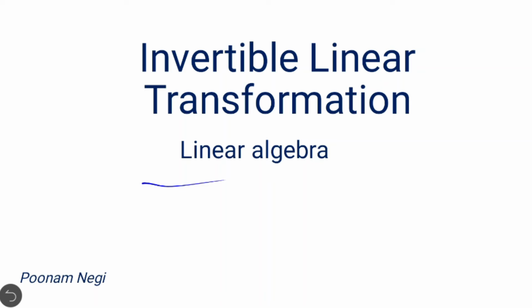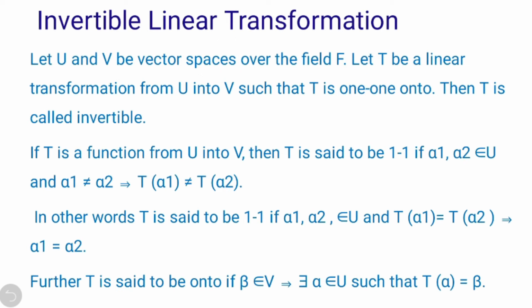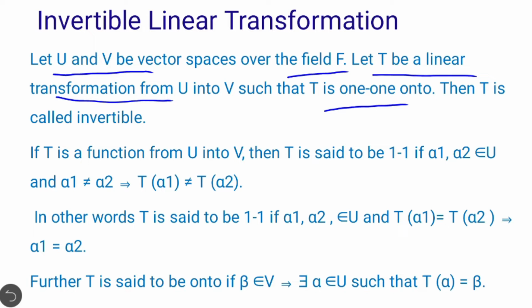Let's discuss another form used in linear transformation, that is invertible linear transformation of linear algebra. The definition is: let U and V be two vector spaces over the field F and T be the linear transformation from U into V such that T is 1-1 and onto.